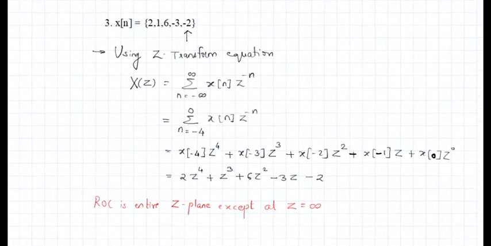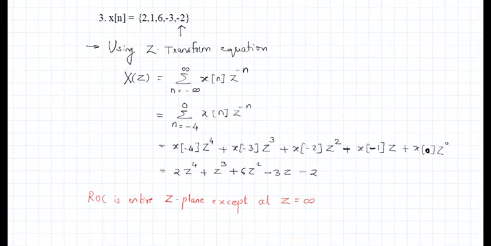Moving ahead with the next example, let us now find the Z transform of a third sequence. Now what is the difference here? How is this particular sequence different from the earlier two? Again here we have an arrow, but the arrow is put on the extreme right sample.